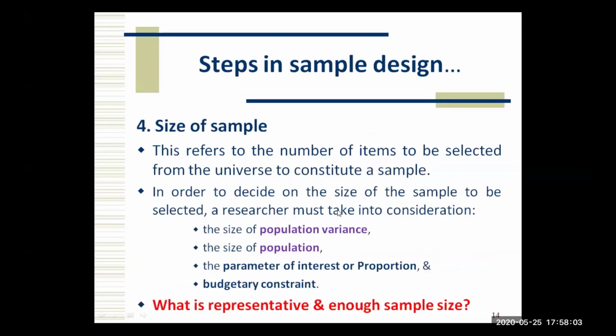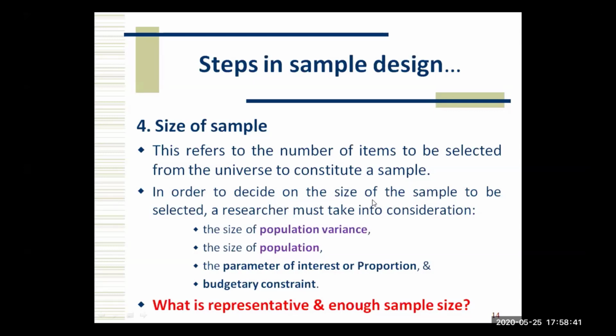Once you have this, the subsequent part is to determine the sample size. This refers to the number of items to be selected from the universe to constitute the sample. In order to decide the size of the sample to be selected, the researchers must take into account the following considerations. Or, in other words, while selecting the sample, the researchers must consider the following specific pointers.